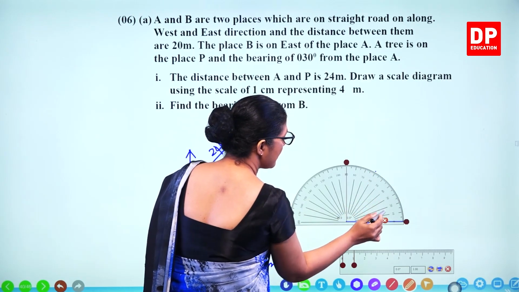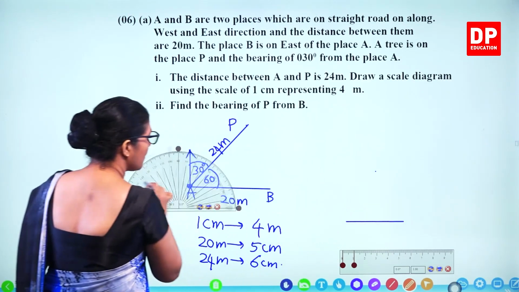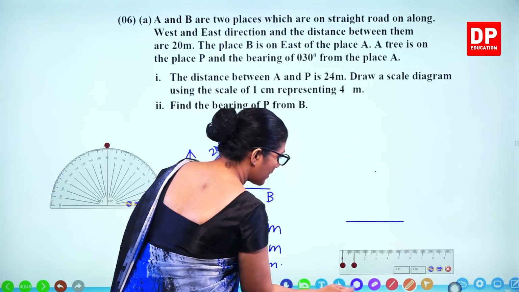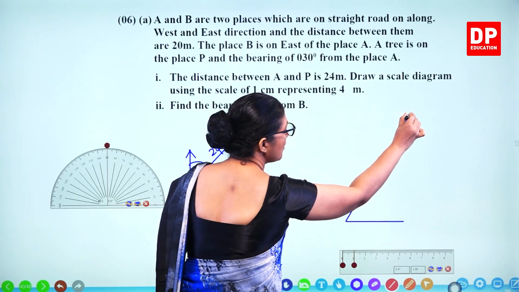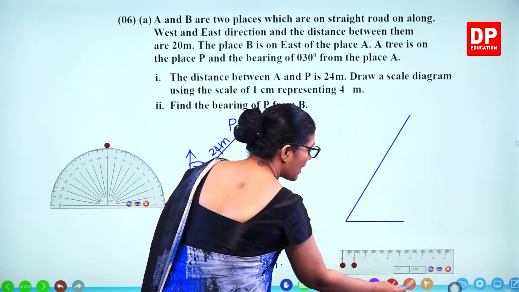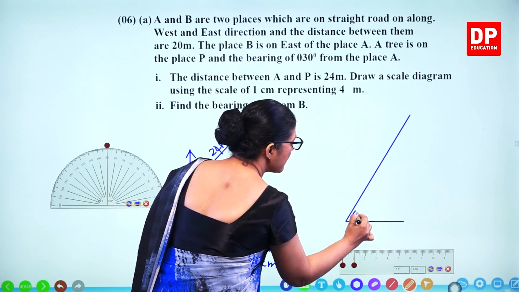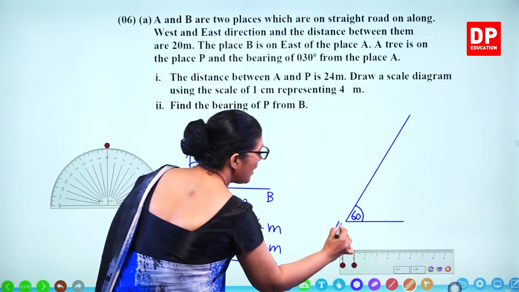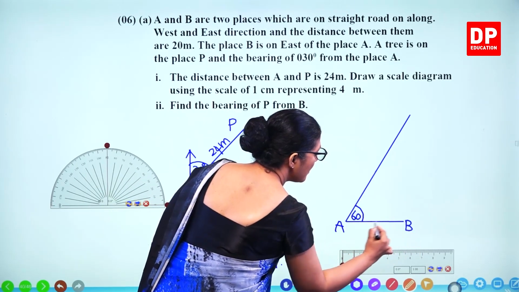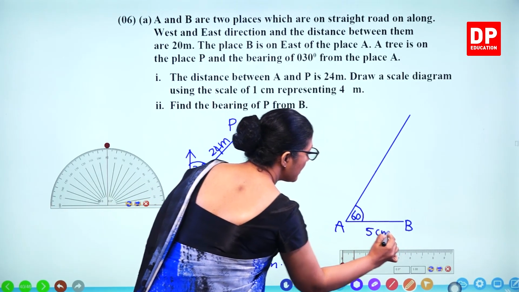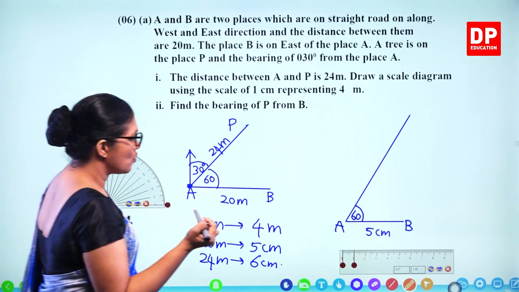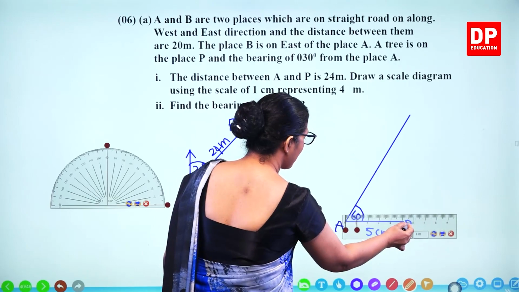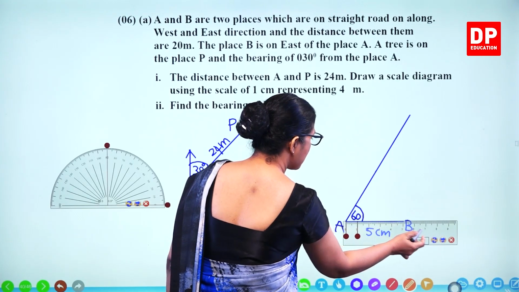So this length. So you take the ruler and mark this one. So this angle is 60 degrees. AB. This is 5 centimeter length. Now here to here 6 centimeters. So we take the ruler, keep on top of this line.